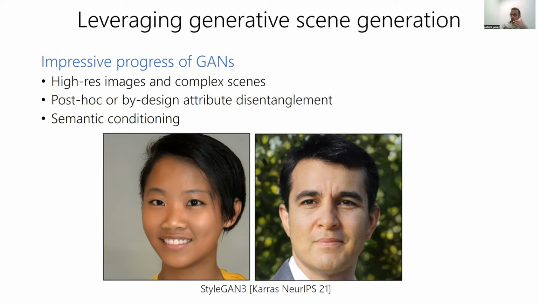And now on top of that, there are more and more ways to control the actual output. It's not only random input, but you can control to some extent the pose, the lighting, the expression, either because you train your GAN this way, or because after the fact you can control in a post hoc fashion an existing GAN. Or one way also to control that is to learn a conditional GAN, where part of the conditioning comes from what you want in the scene.